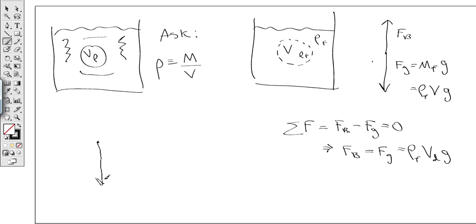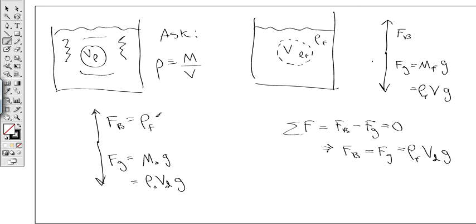Again, we have the gravitational force on this object acting down, but now this is equal to mass of the object times g, which is equal to the density of the object times the same volume displaced times g, and then we have a buoyant force due to the rest of the fluid acting up, which we realize this fluid is the same as this fluid, and hence it has the magnitude rho fluid times volume displaced times g.